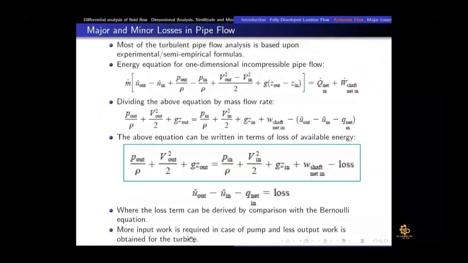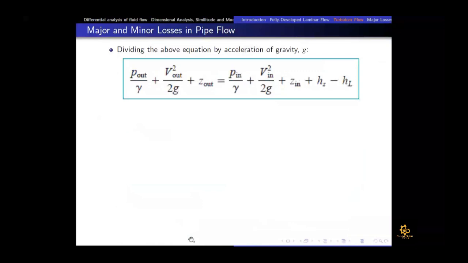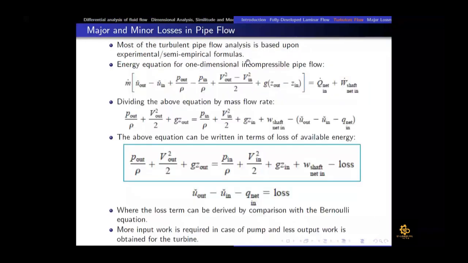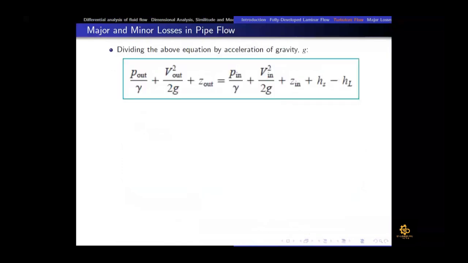And then we can write it. When we divide this by gravity, we can always write the Bernoulli equation in terms of head, right? P upon gamma plus V squared upon 2g plus z out. So we are talking about the head form. This is the pressure head, velocity head, and the elevation head, and then H_S is the shaft work head, and H_L is the loss head.